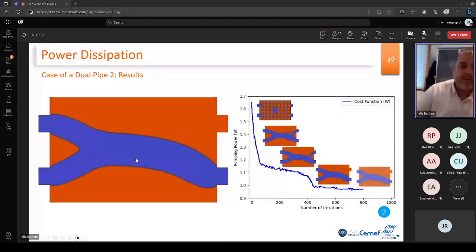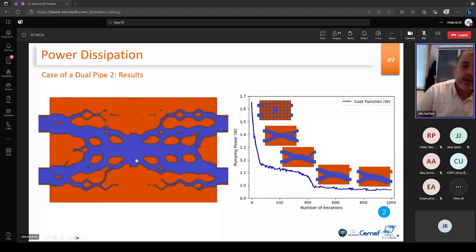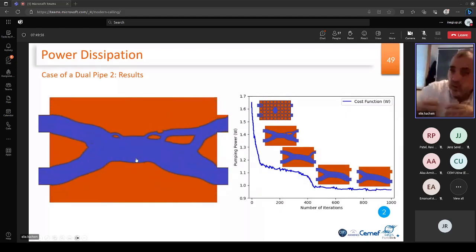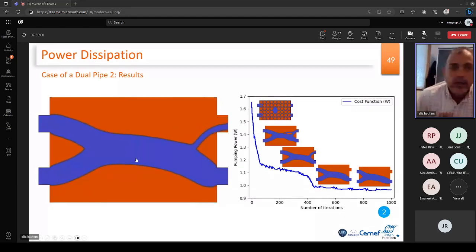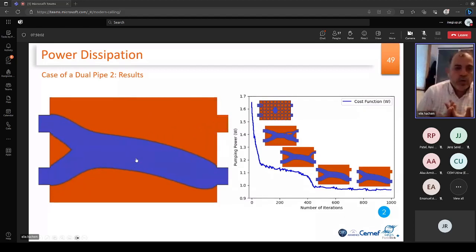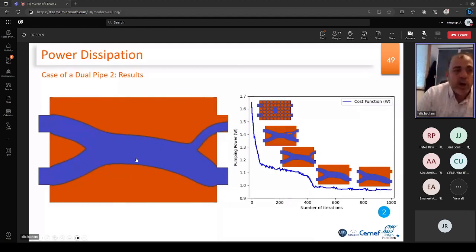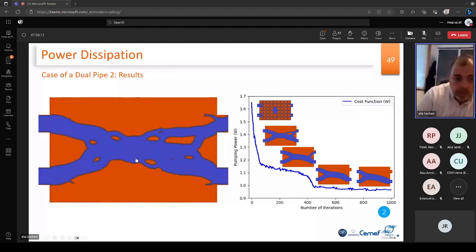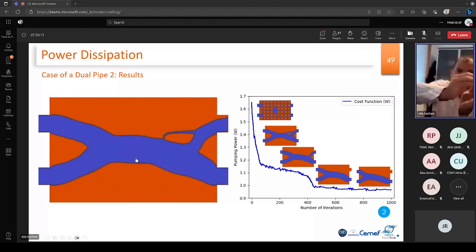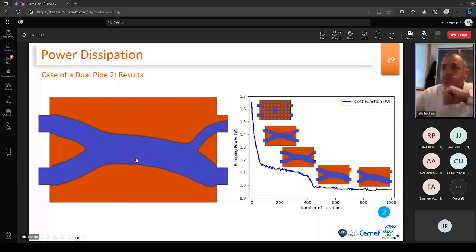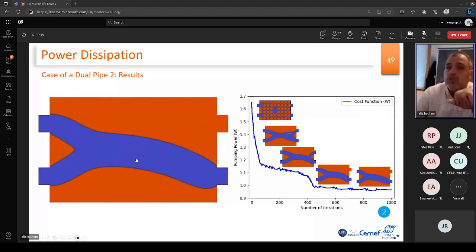Now, if I leave one of the outlets free, with no constraint on it, I can choose either up or down. This is a random choice, and then the question is why I need to go there. I can go from inside through one outlet, but I will increase my volume a little bit, so all the information will pass with minimum effort on the pressure.